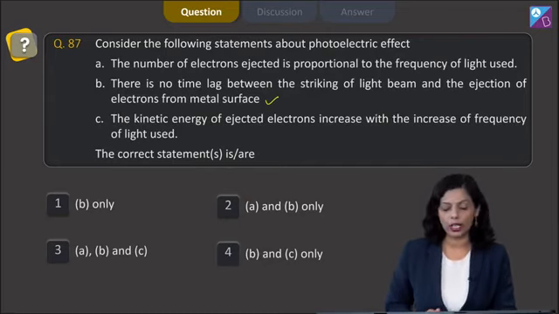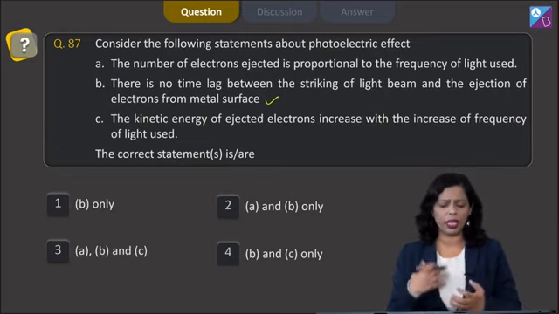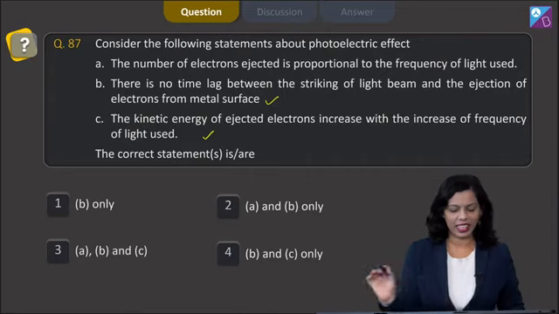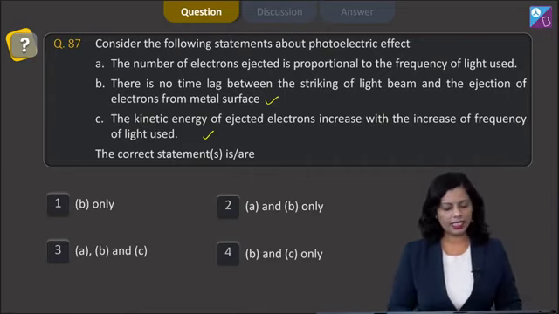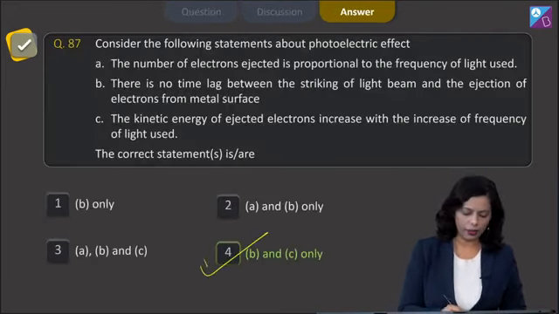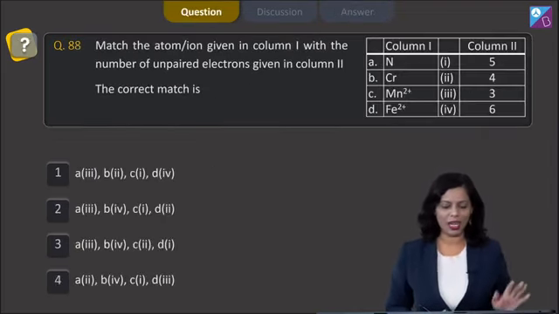This is also correct, since the kinetic energy is based on the frequency, h nu. Statements B and C are correct, given in option 4, which you need to choose as your answer, and then you will get full marks for this question.